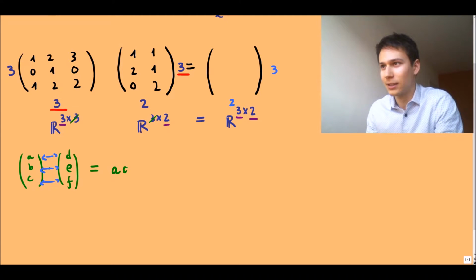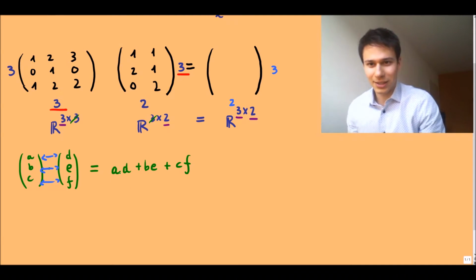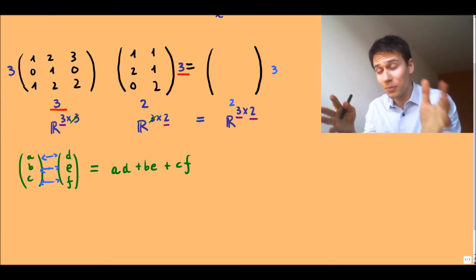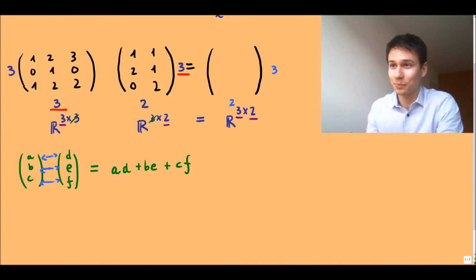So we have AD plus BE plus CF. This is what is known as the scalar product of 2 vectors. So from 2 vectors you would get a scalar. That's why it's called scalar product. Or dot product, because you write a dot in between. You really have to do that.